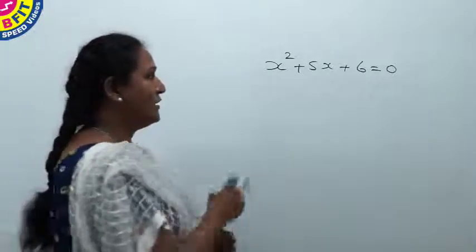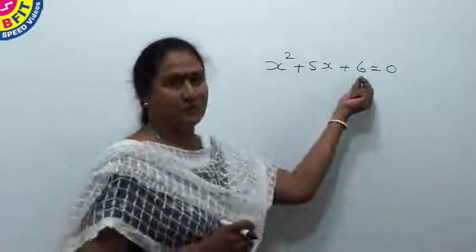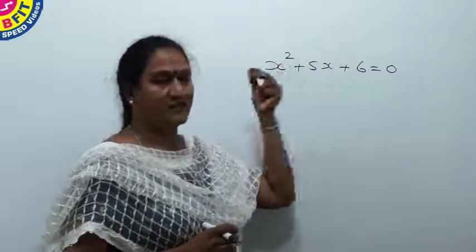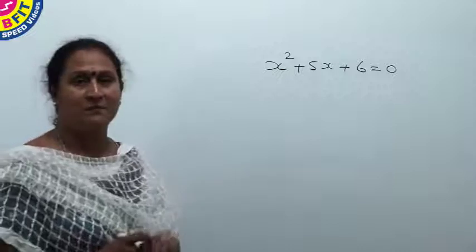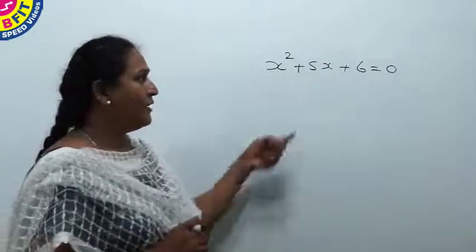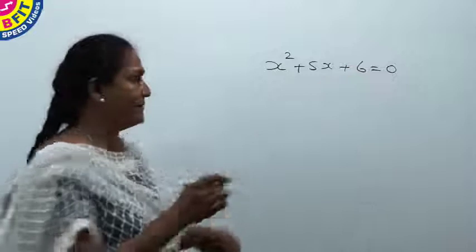Now to solve this, first see the constant term. You have 6 here and also it is positive. So you have to choose two numbers by trial and error method where product gives you plus 6.